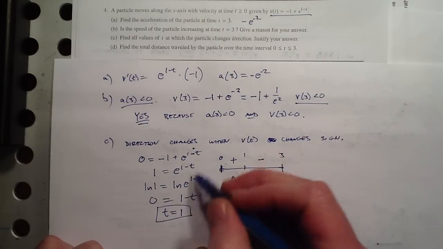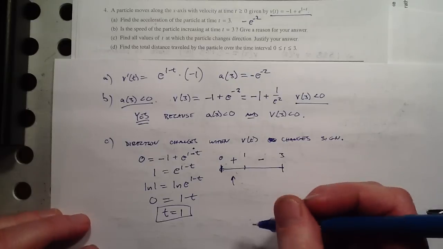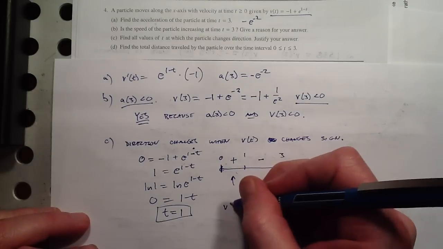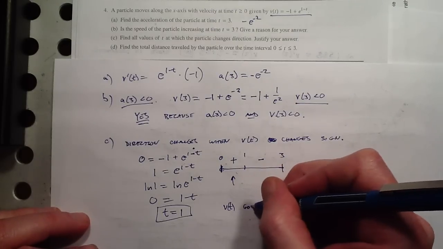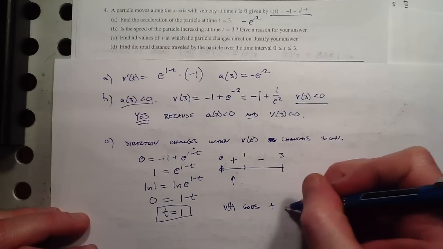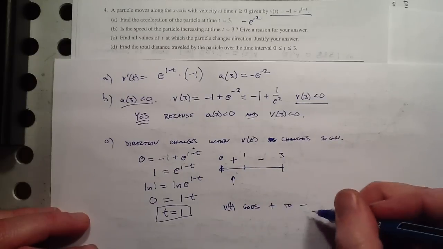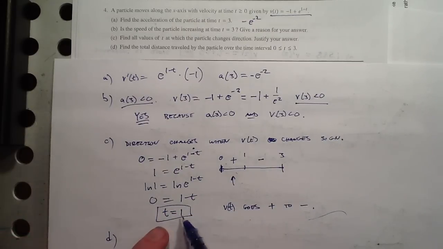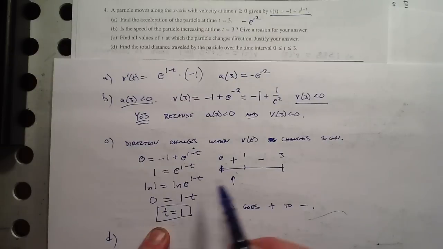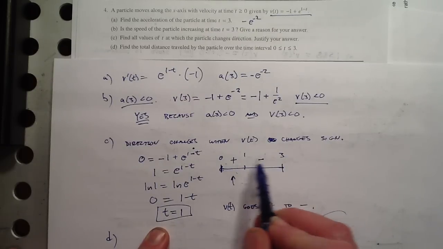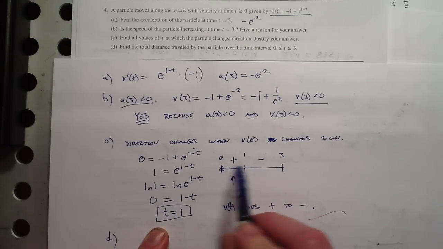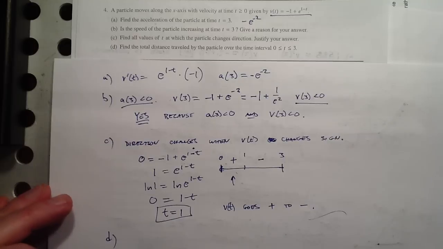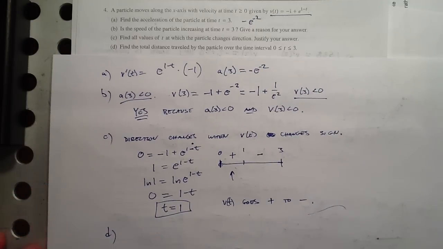And this is the justification right here: v of t goes positive to negative. Just showing that it's equal to 0 isn't enough because it could be positive, positive, or negative, negative. You actually have to show that it does change sign. And without a calculator, you've got to do the sign chart.